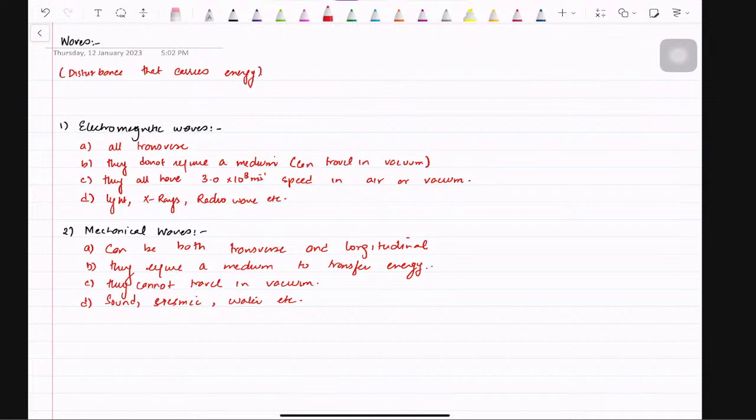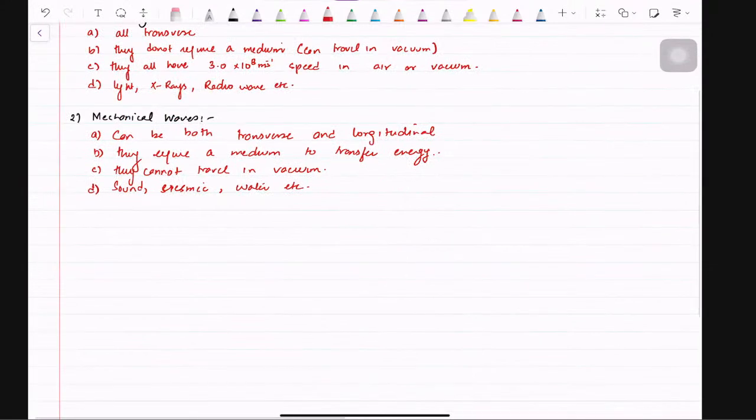Now, what we can do is we can represent waves. First let's define transverse and longitudinal and then represent them.